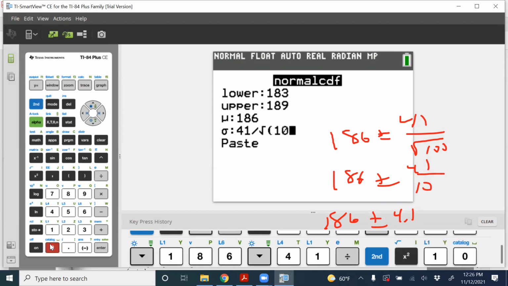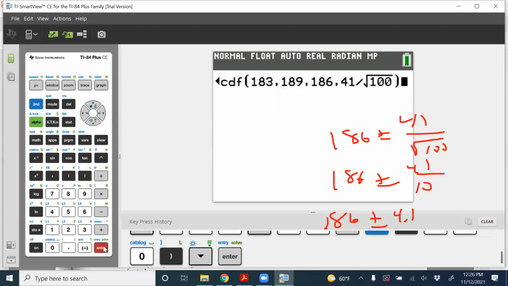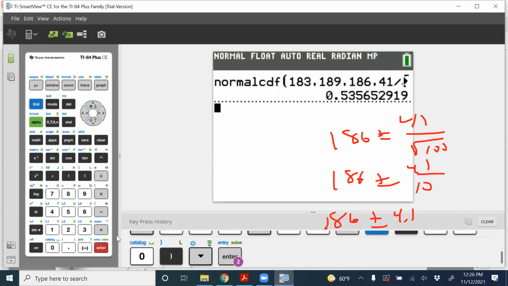So my distribution ranges from 181.9 to 190.1. I want to know what percentage would be between 183 and 189. So if I do this really quickly, it's about 53.6%. That's what I'd expect.